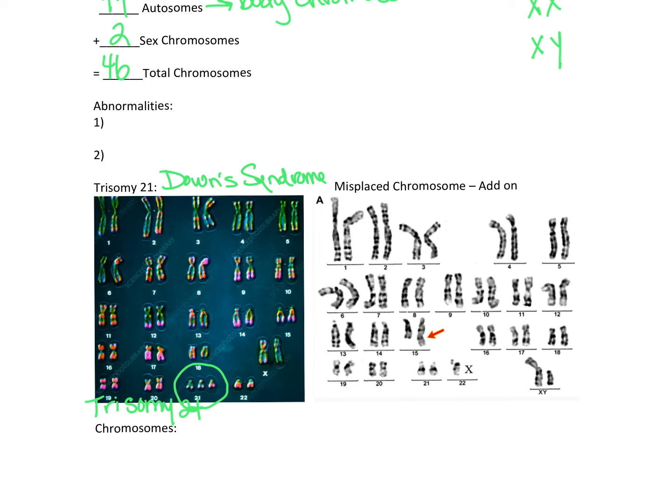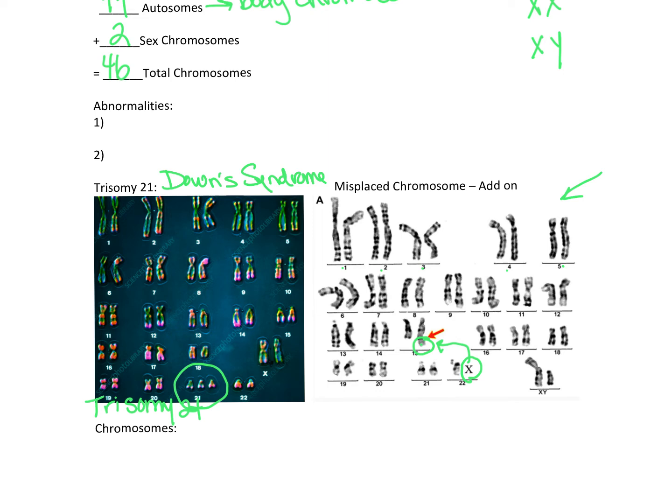Okay, another thing that can happen is a misplaced chromosome where it breaks apart differently and it goes and latches onto something else. So everything's good as we go through this karyotype over here on the right until you notice at spot 15 there's a whole extra extension on there. What happened is one of the chromosomes from spot 22 went up and glued on to spot 15.